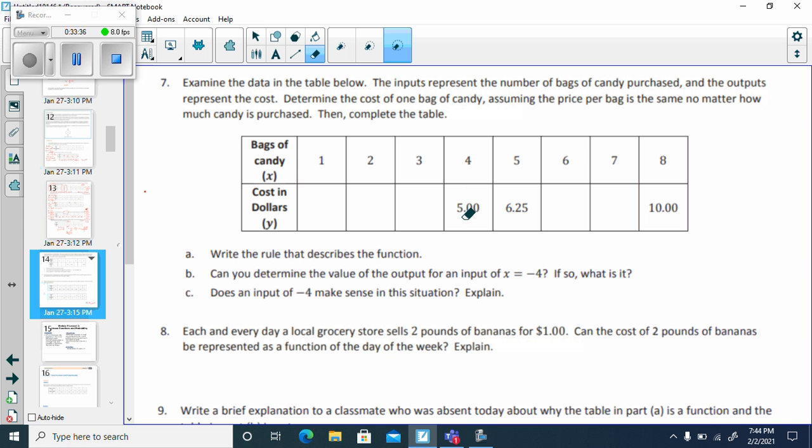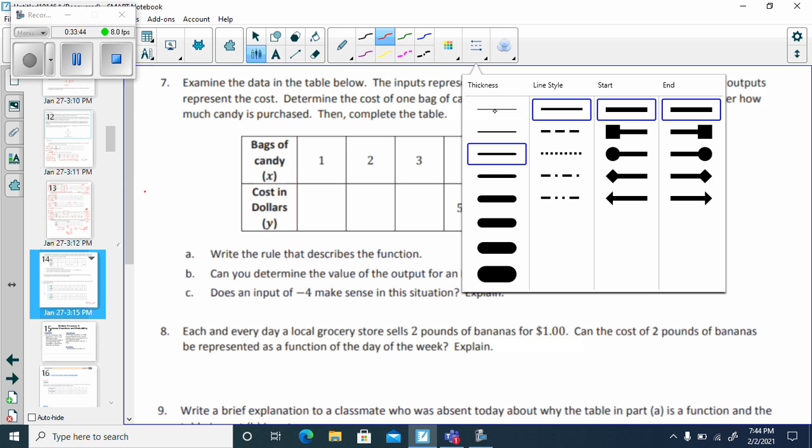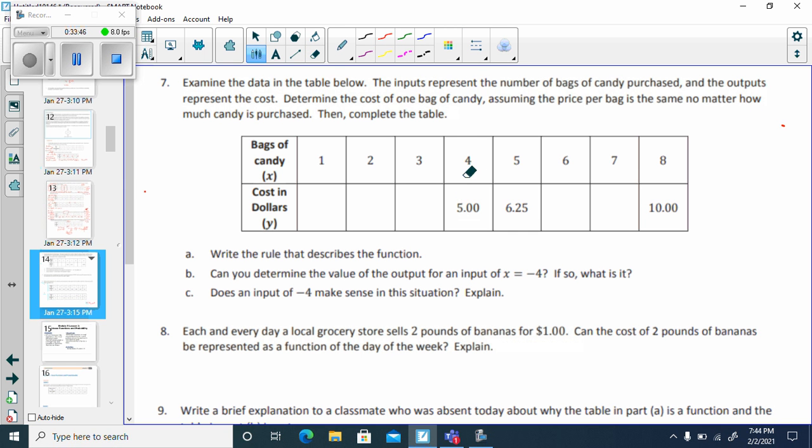Well, if 4 bags cost $5, and 0 bags should cost $0, right? Then shouldn't we be able to figure this out here? Couldn't we just simply say, $5 and divide that by 4 bags? Wouldn't that tell me what it costs per bag? If I do that, isn't that $1.25 per bag?